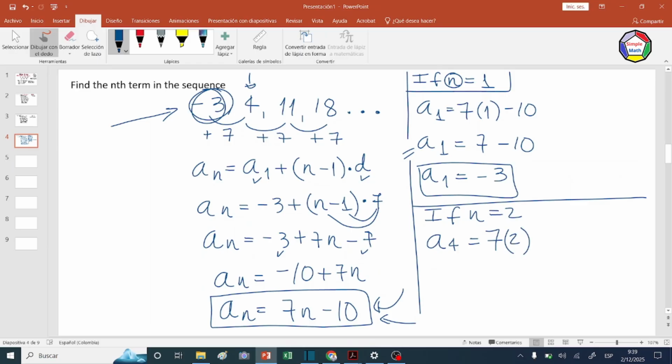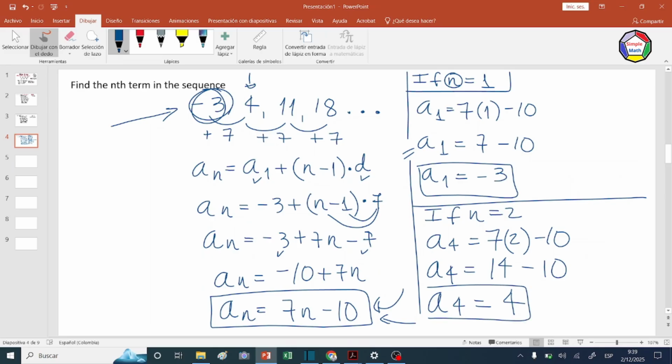Remember, I'm doing the substitution of n by 2, minus 10. So a sub 2 is equal to 7 times 2, 14, minus 10. 14 minus 10 is 4. So a sub 2 equals 4.